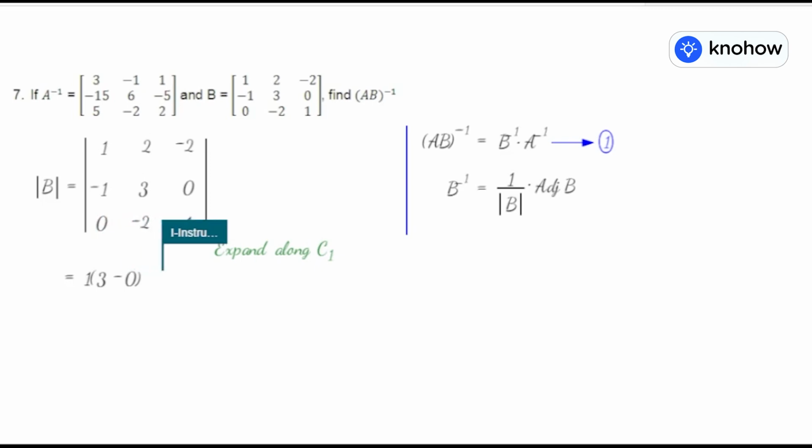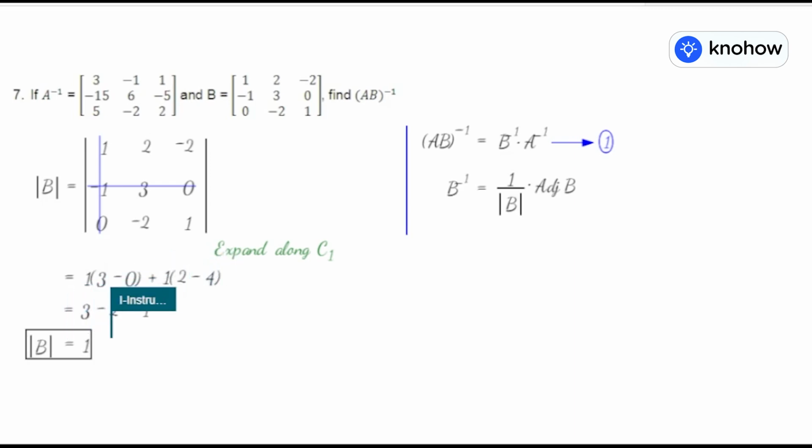And then minus, minus, plus 1 times, delete the row and column through minus 1, you get 2 and minus 2 into minus 2, 4. So 2 minus 4. So you get 3 and 2 minus 4 is minus 2. So finally you get 1. So hence we have got the value of determinant B as 1.